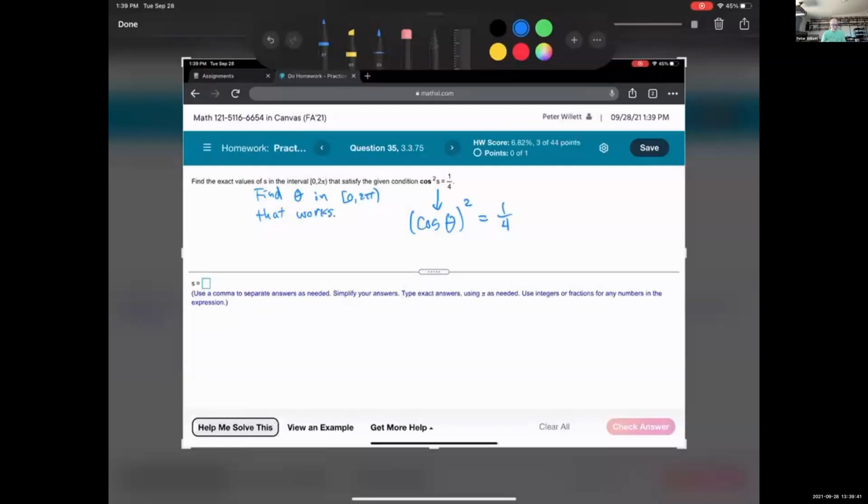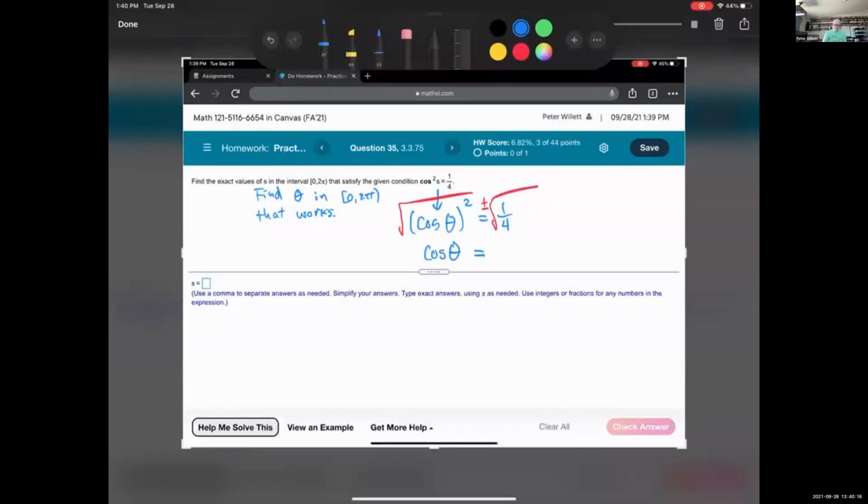That's a solution that makes that condition true. Well, since it's squared, the first thing we would want to do is figure out, well, what is the cosine theta value? And so I would square root both sides. And you may recall when you're solving and you square root both sides, because you have a square you're getting rid of, you have to use a plus or minus. So if I do that, then I just get the cosine theta, or of S, or whatever you want to call it.